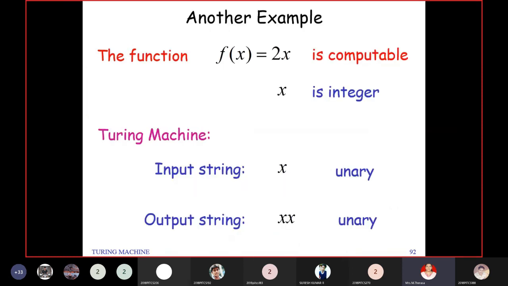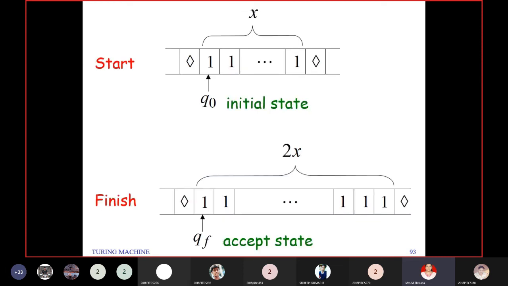Clear? Similarly, you can also perform the operation 2x, where x is the integer you pass as the input, and the output string you are supposed to get is xx, two times x.